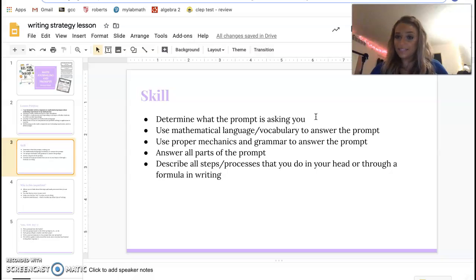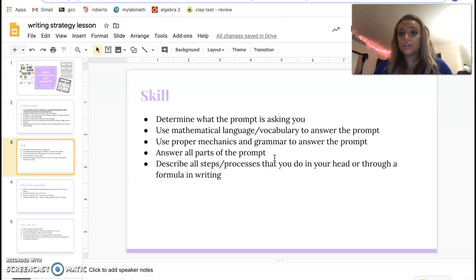So you want to use complete sentences and capital letters and make it like it was in English, because that's how we write, whether you're in any class. You want to make sure you answer all parts of the prompt. So if it's a 2-part prompt, you have to make sure you answer both parts.